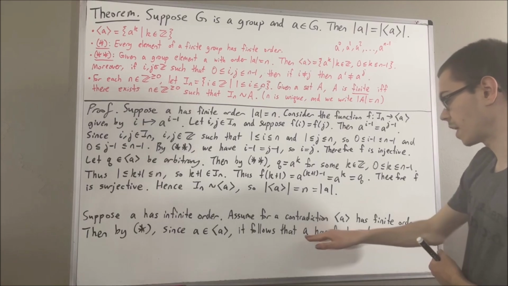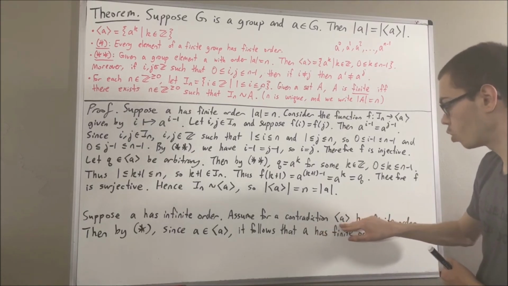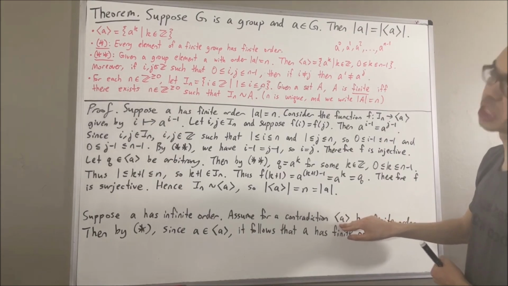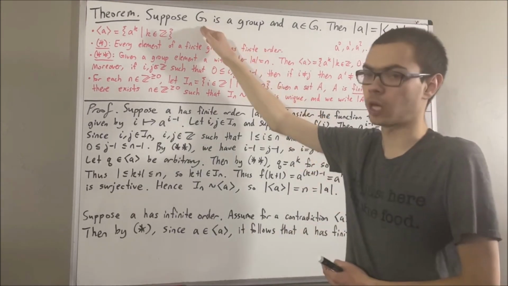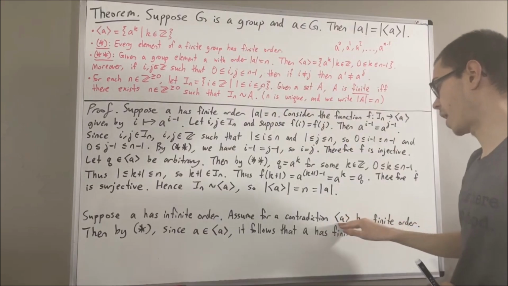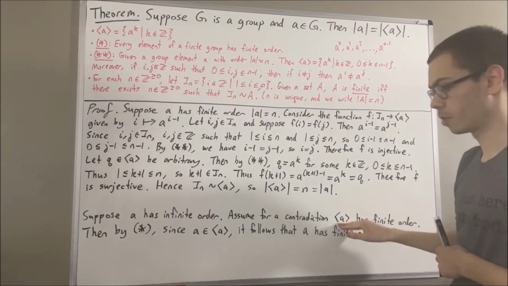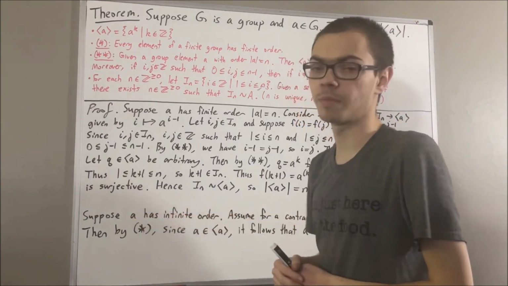But really, this is saying A has finite order in this group. But since the group generated by A is a subgroup of G, that means A has finite order in G as well. The order that A has in G is equivalent to the order that A has in any of its subgroups. So A has finite order in G, but that contradicts the fact that A has infinite order in G.